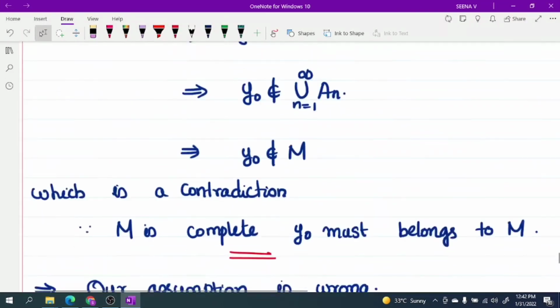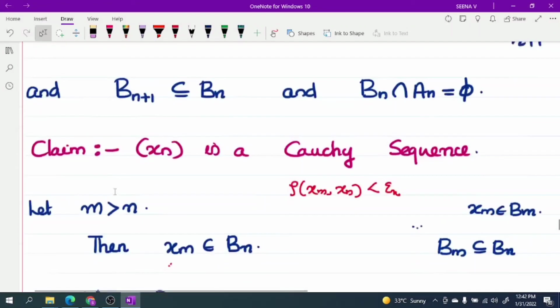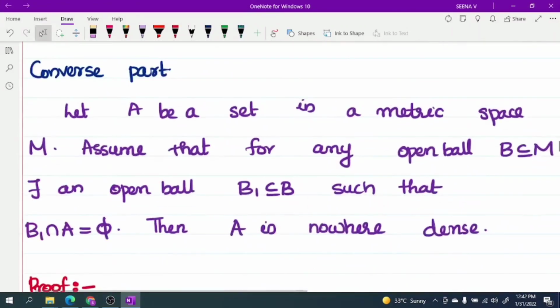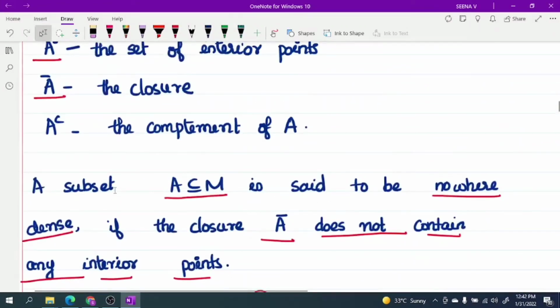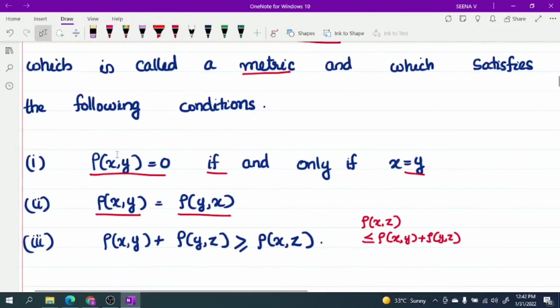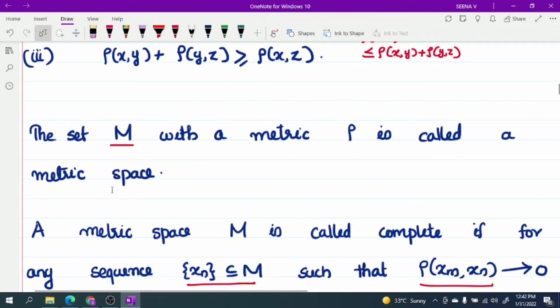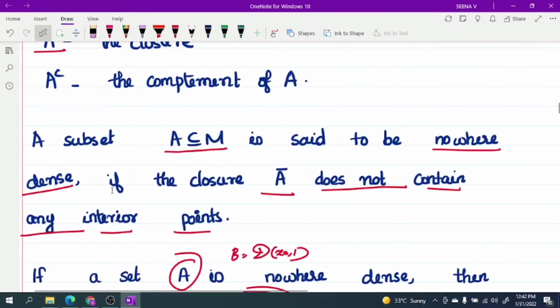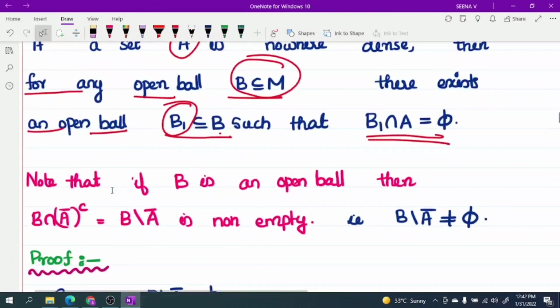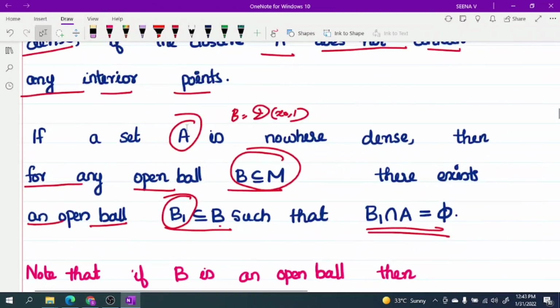Okay. So let's revise what we have discussed in today's class. We have discussed one definition, that is a definition of a metric. Then complete metric, then nowhere dense set, then one property: a set A is nowhere dense if for any open ball B subset of M, there exists an open ball B1 contained in B such that B1 intersection A is equal to empty.